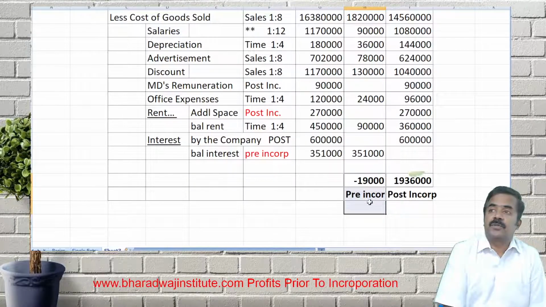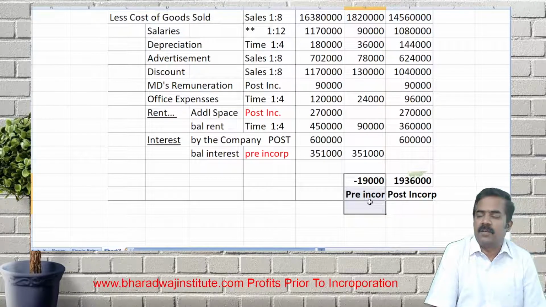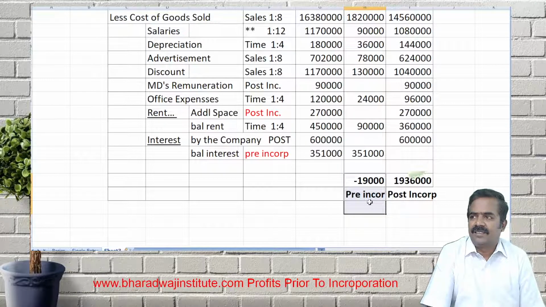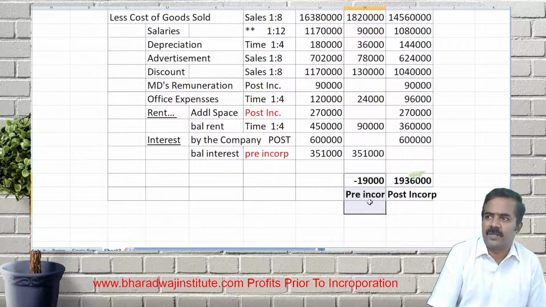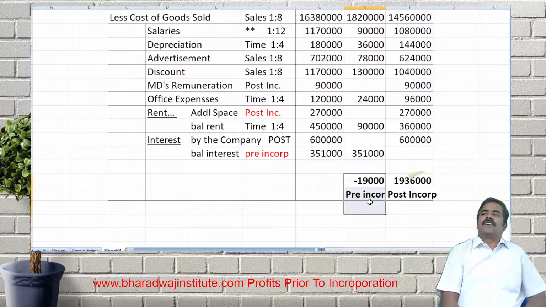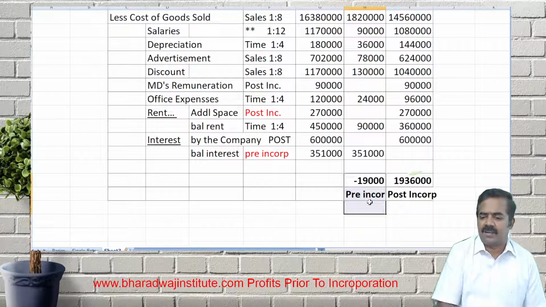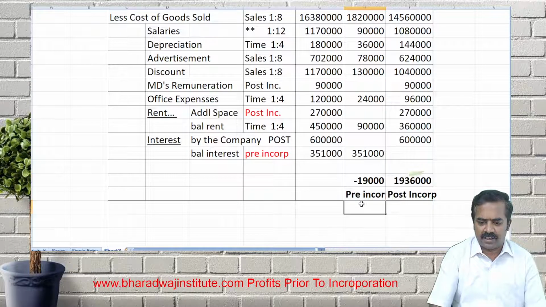Pre-incorporation profit, what did we used to do? If there is pre-incorporation profit, what will you do? We'll transfer to capital reserve. Dividend, you cannot pay dividend like that, we learned. If there is a post-incorporation profit, what to do? Available for dividend and remuneration. Okay, but here there is a pre-incorporation loss.